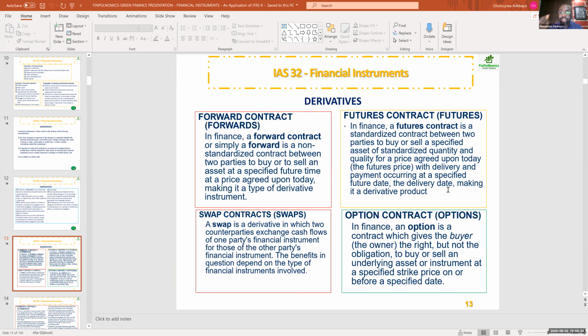But the only contract that is a contingent claim is what we call the option contract, or simply put, options. The word option means that a party in this contract has an option to either exercise its right or not, like I've explained earlier. An option gives one party a right, while it gives the other party an obligation.